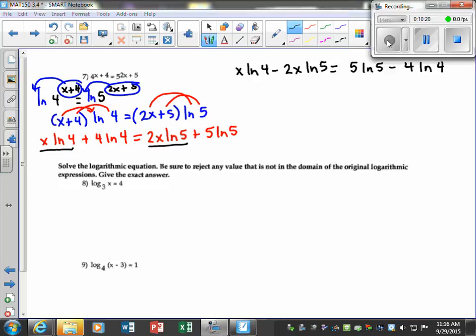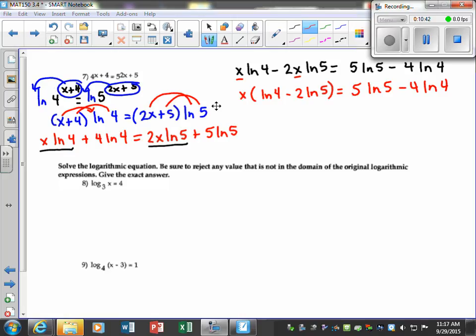Okay, so when we arrange it, we get this. The next thing we want to do is factor an x out of this and an x out of this. So we want to factor an x out of this left side. If I take an x out of this one, I'm left with natural log of 4. Factor an x out of this one, I have 2 natural log of 5. This side stays the same.